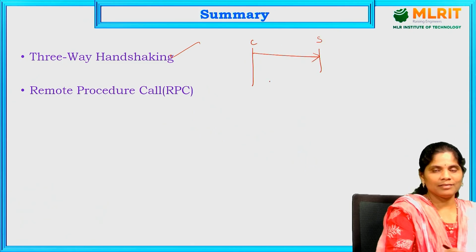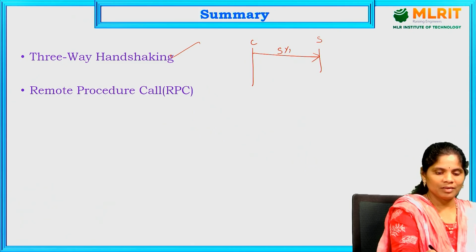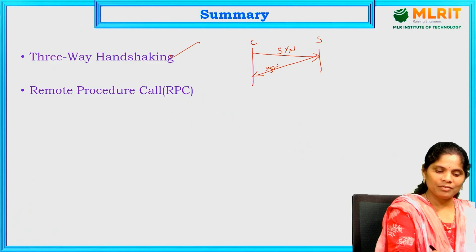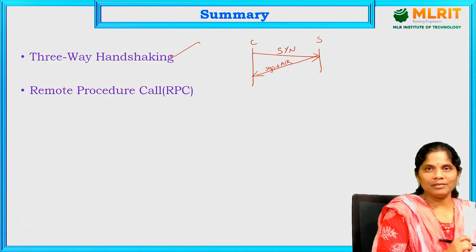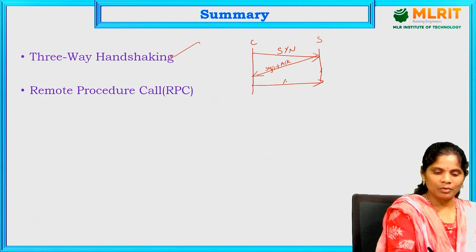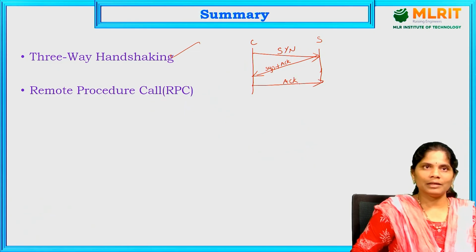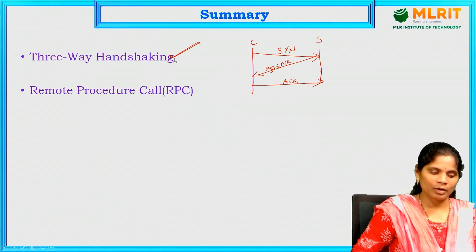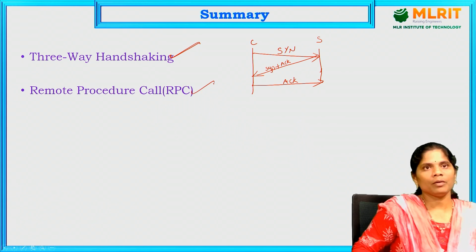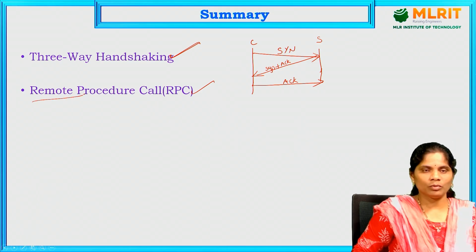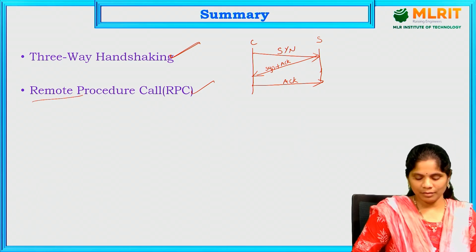First the client sends a synchronization message to connect with the server, and the server sends a synchronization plus an acknowledgement, and finally the client sends an acknowledgement to the receiver. That is called three-way handshaking in the TCP protocol. And the remote procedure call, the remote login. These two topics we discussed in today's session.